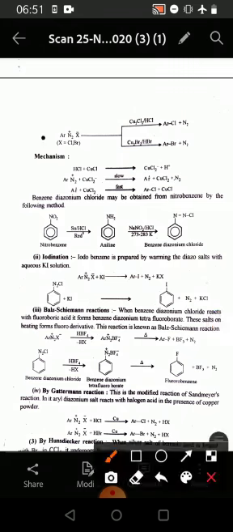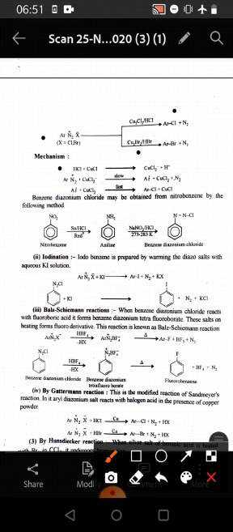So this aromatic diazonium salt reacts with Cu2Cl2 in the presence of HCl, giving rise to aryl halide, that is aryl chloride, and reacts with Cu2Br2 and HBr and forms ArBr.